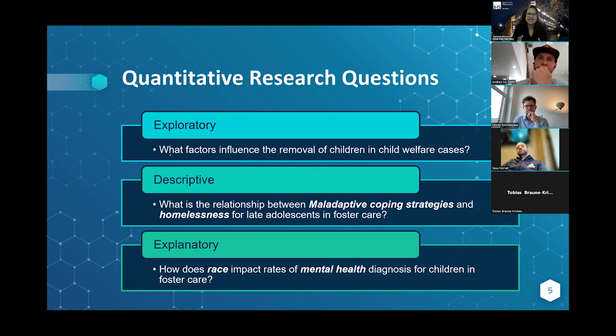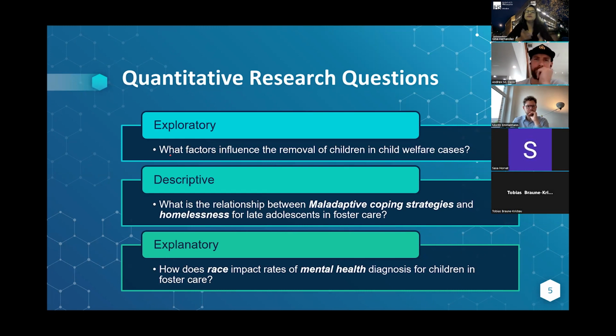And if you want to establish a cause and effect relationship between 2 variables, then you need to run an experimental study. And one question, for example, could be to explain how race impacts rates of mental health diagnosis for children in foster care.